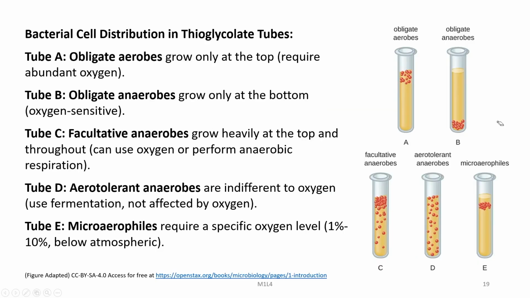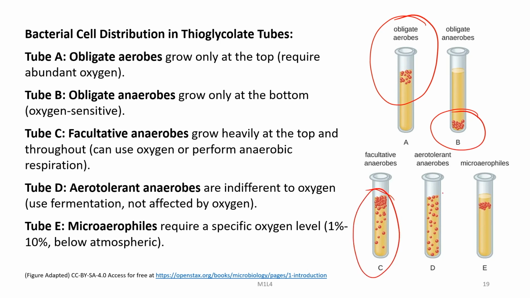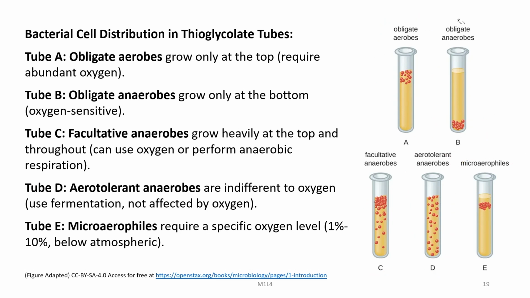We will see this in more simple diagrams. As you can see here, tube A, the first tube, is showing the obligate aerobe on the upper, then obligate anaerobe on the lower, then you have facultative anaerobes, and number D shows aerotolerant anaerobes, and number E shows the microaerophiles.